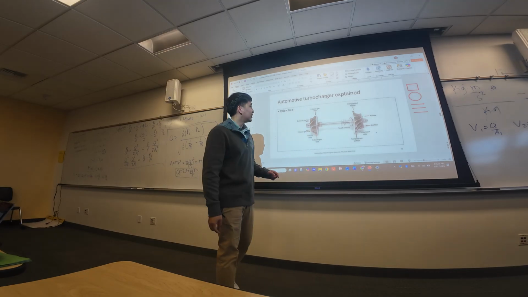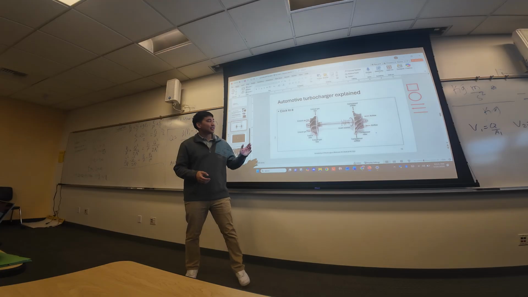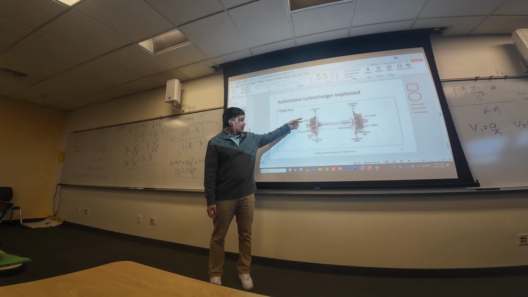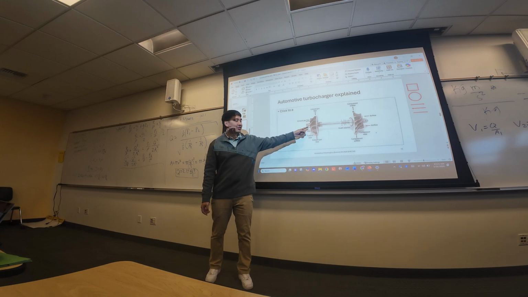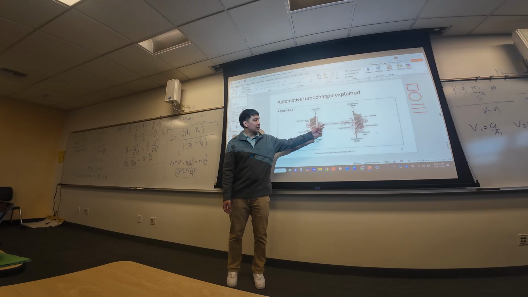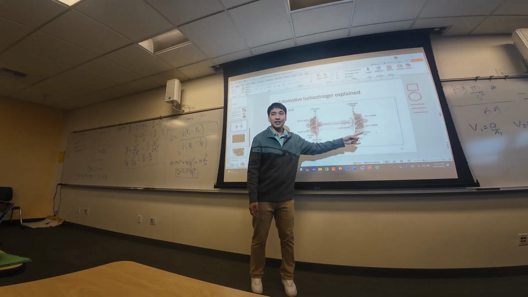So how this works is, you know the exhaust from your car, right? That comes out. It will essentially use that exhaust to rotate this turbine rotor, which, these are called vanes sometimes. Once that's rotating, it will turn this shaft, and it will turn this compressor.